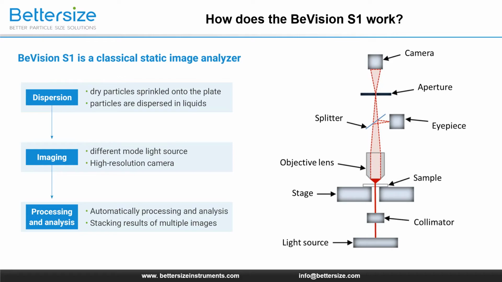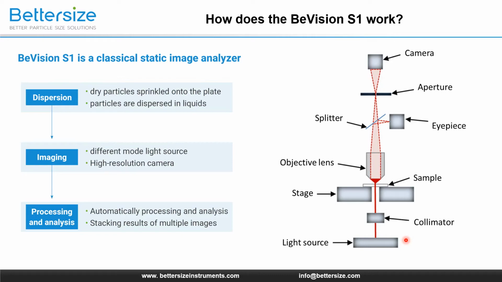It can be done by keeping the particles dry or wet. A BT910 dry powder dispersion module can help you with this step. As for the imaging part, the optional models of the Vision S1 differ in the light source modes. We will discuss it later.